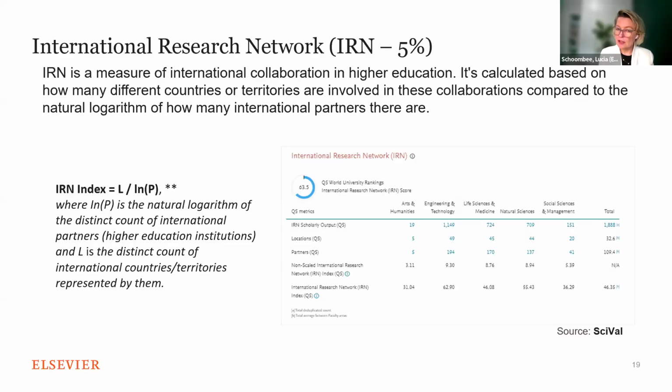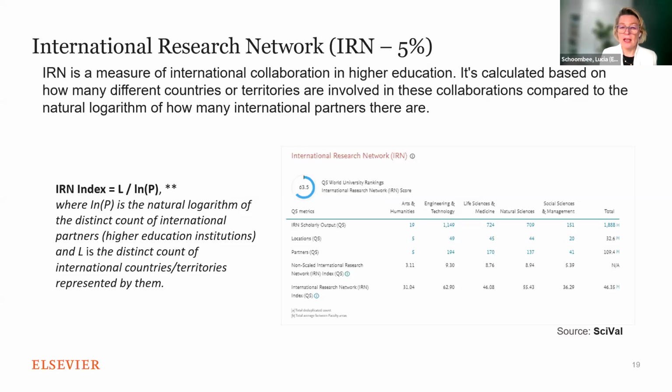So unlike Times Higher Education, which is just interested in how many publications are co-authored internationally, this is more interested in, as I mentioned, looking at diversity. Because if you are a country that is only collaborating with your neighbor countries, for example, that is not what QS wants to see. They want to see diversity in the collaboration.